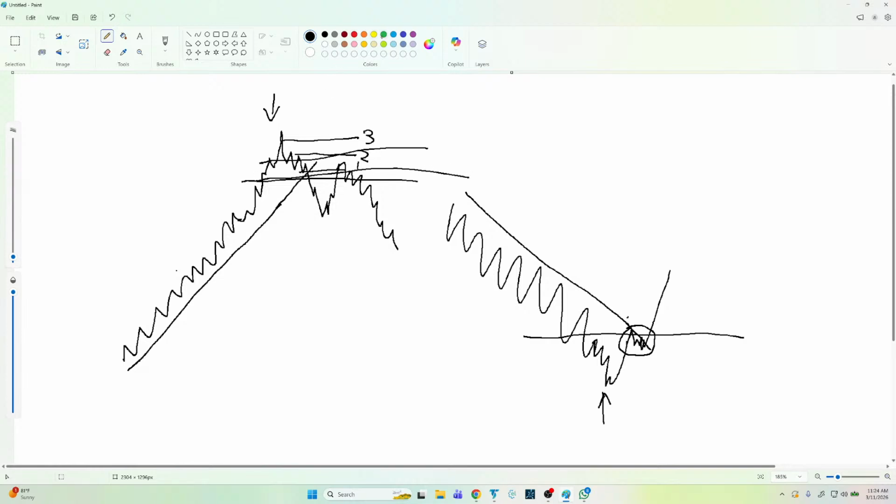Do a green line here. This was support and it broke support right here. So now that support becomes resistance. So it was green here. Now this line is red because now it becomes resistance, right?